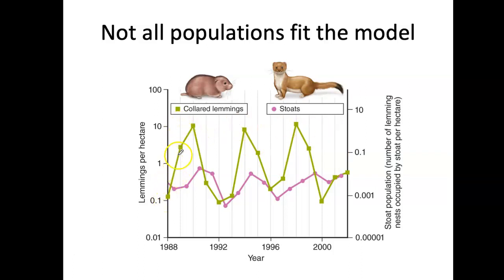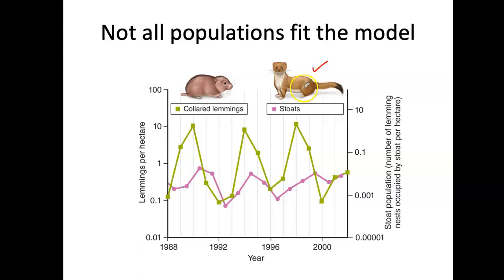Look at it, this population of the lemming gets really high, and then it crashes. And then it gets high, and it crashes, high, and crashes. The stoat population is this one. It is rising, rising, rising. And what's it doing? This one here is the predator.